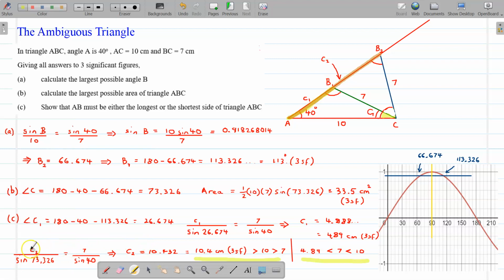These are referring to side lengths here, and those are referring to angles. And by the way, just to finish off, that of course could be written as C2 because it was the larger angle at C, which was the whole of that.